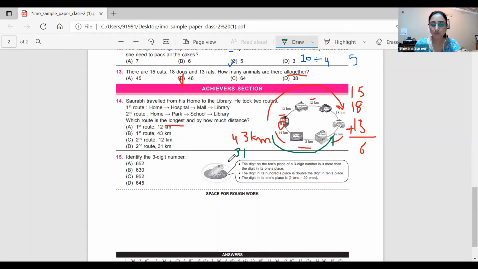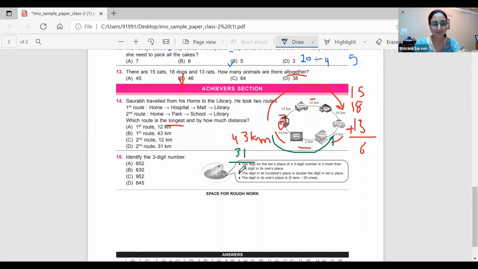So from here to here it is 31 kilometer. Now we need to find out which one is the longest. So route 1 is the longest. Now the option can be either A or B. To identify by how much, you can solve this: 3 minus 1 is 2, 4 minus 3 is 1.